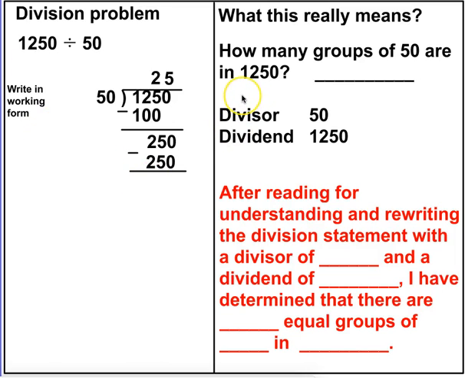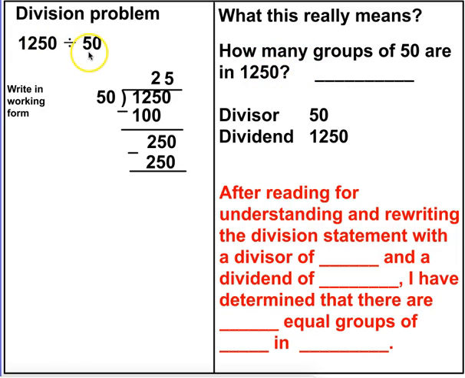So that's a visual clue that you can use. But we're going to practice rewriting that statement and saying how many groups of whatever your divisor is are in your dividend. And once we have those answers, we're going to plug it into this sentence frame that you'll be using. After reading for understanding, that's what this does here.